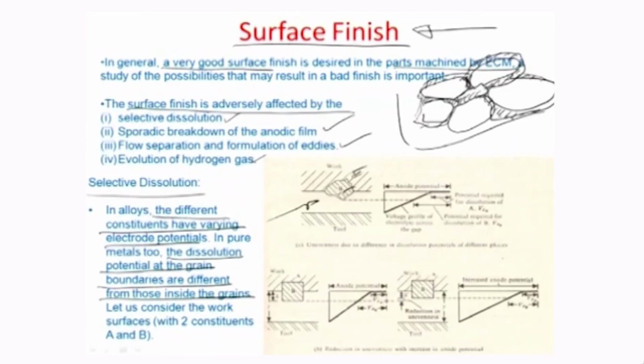So, in this particular case, let us consider the anodic dissolution potential, which is available to A as VdA and that which is available to B as VdB.